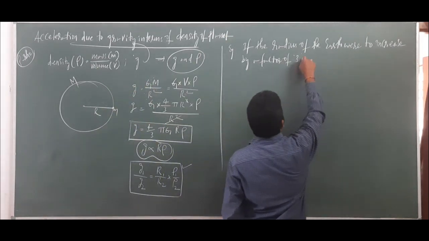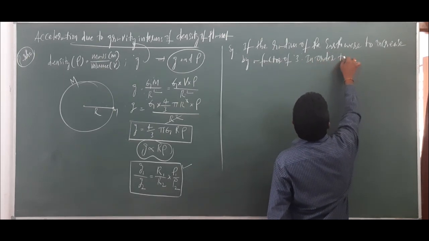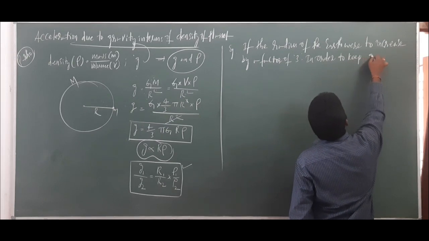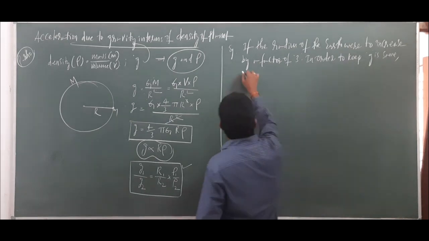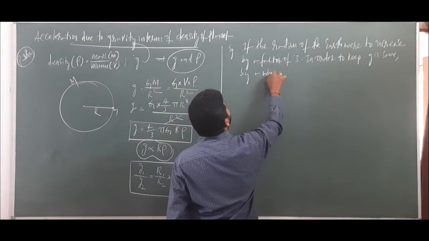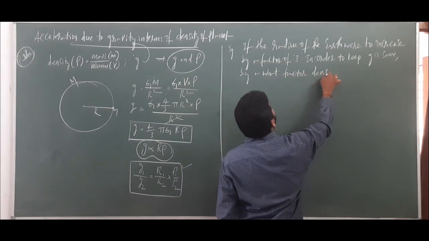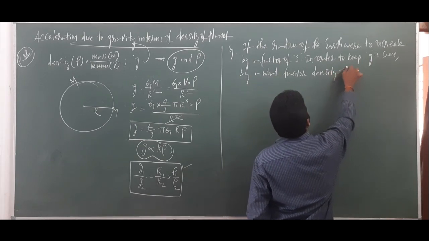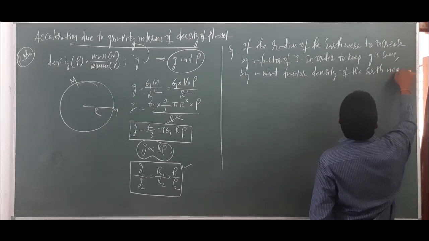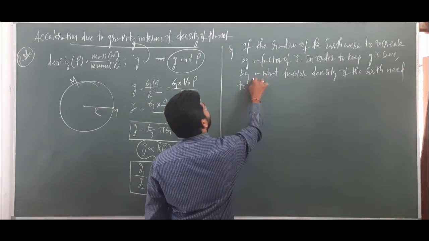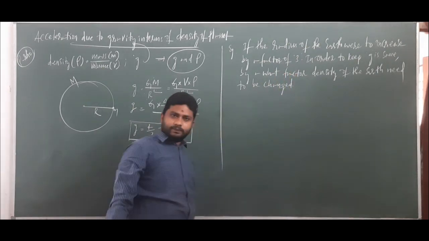Okay. Now, in order to keep small g the same, by what factor does the density of the earth need to be changed? Got the point? What's the question?